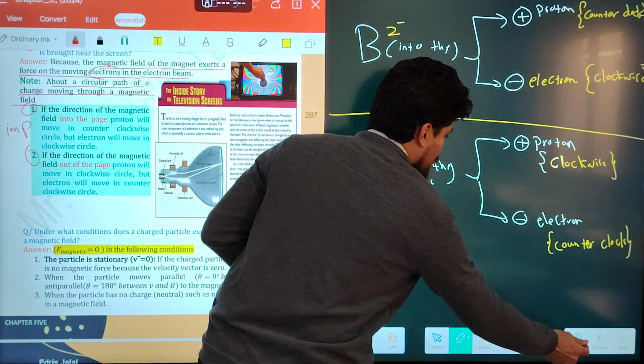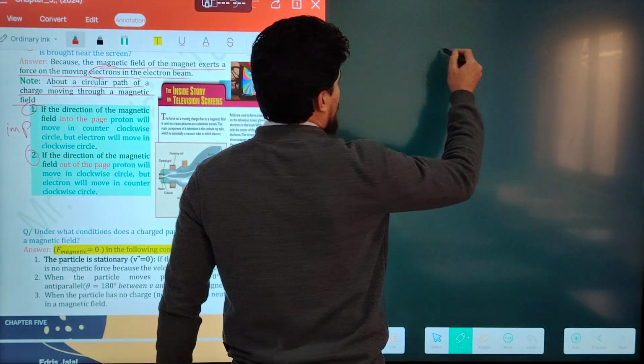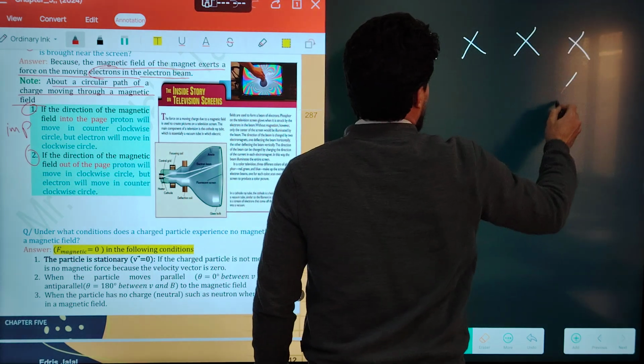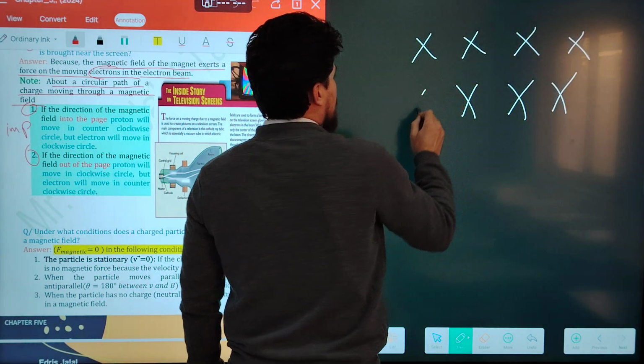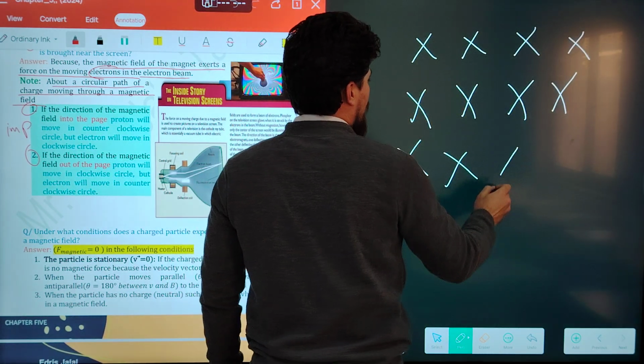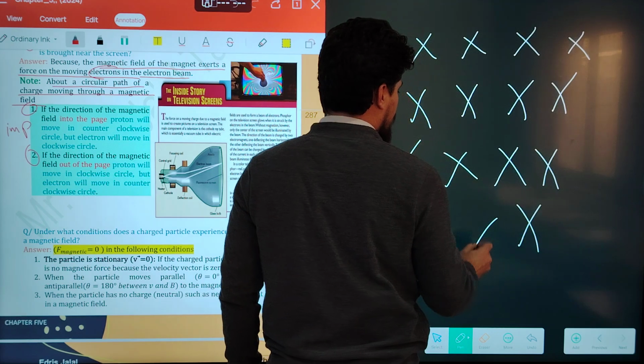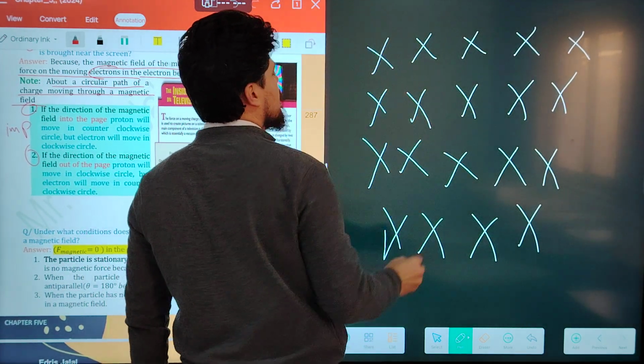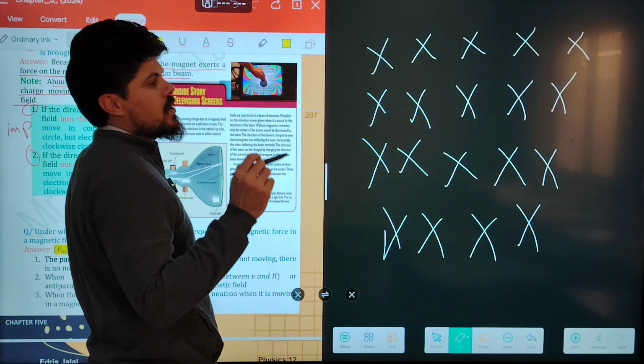Okay? Now I'm going to prove it by making a figure. Assume that this is the magnetic field, guys. How does a positive charge move in this magnetic field when the charged particle's velocity is perpendicular?